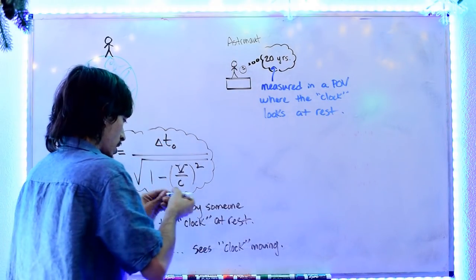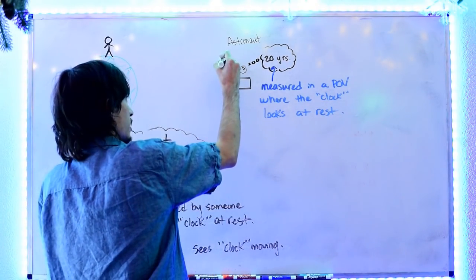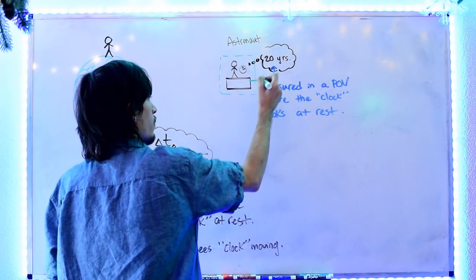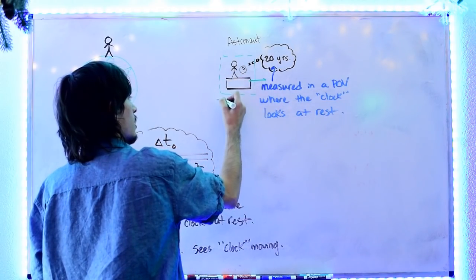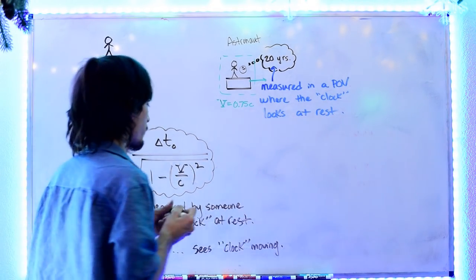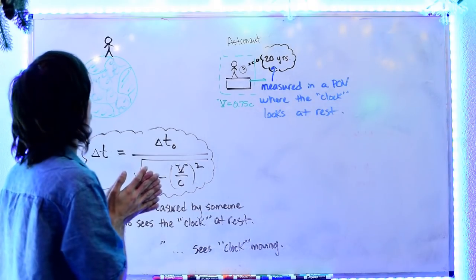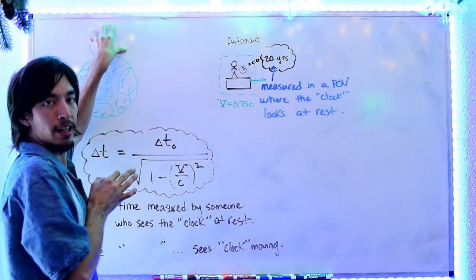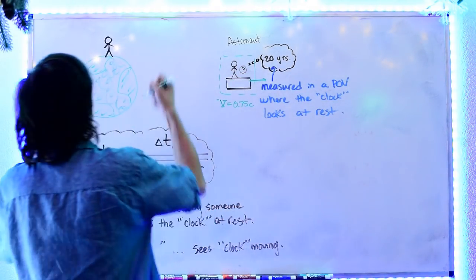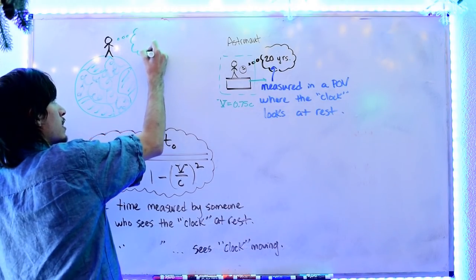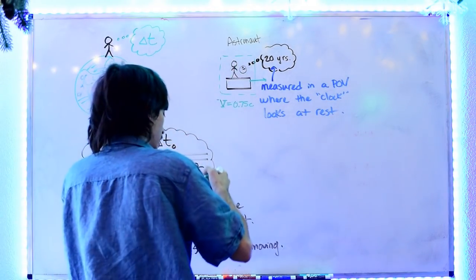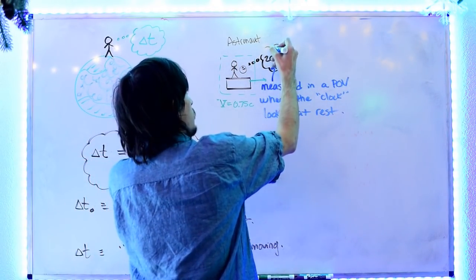They watch the entire spaceship with the clock, moving away from them with some velocity, v equals 0.75 c, 75% of the speed of light. So the person standing on Earth sees the clock moving, and they're going to measure delta T. The astronaut is measuring delta T naught.